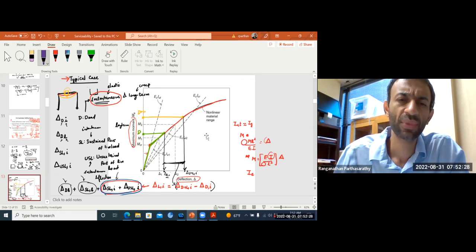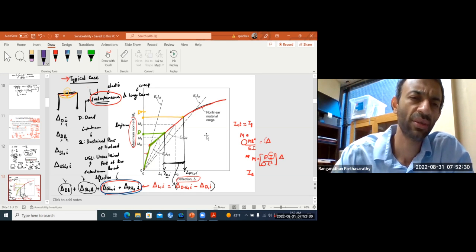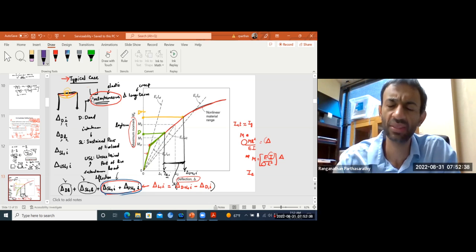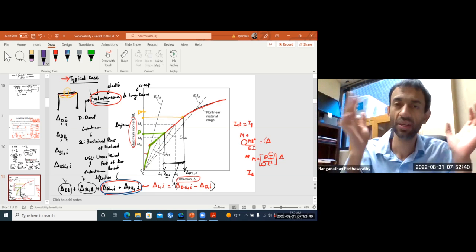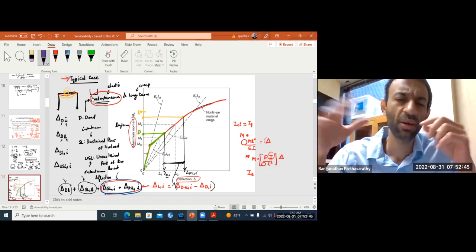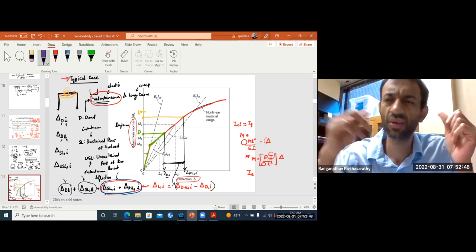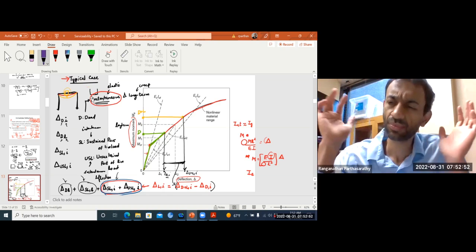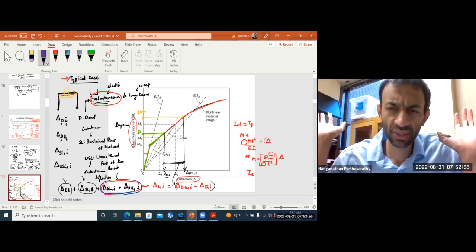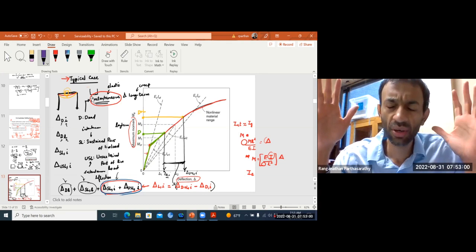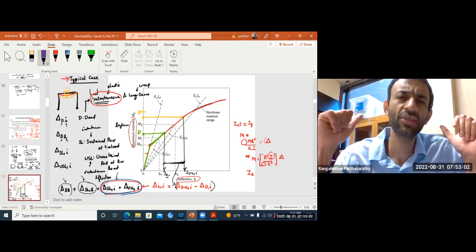So the main point is this: you need to check what is going on with that particular structure. In the most typical case, like we discussed, your structure is built, so it already has your dead load from everything, the self-weight, the plumbing and curtain walls and facade and everything. Okay, it already has the self-weight, and before the structure is being occupied by whatever machinery, people, anything, it has already undergone the elastic deflection due to dead load.